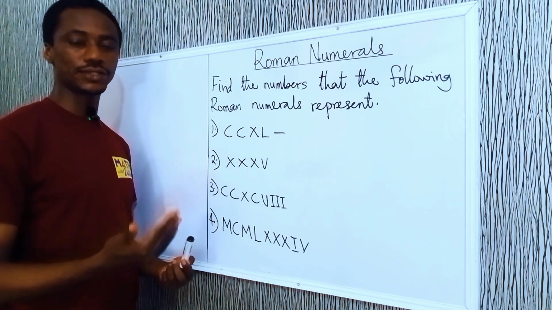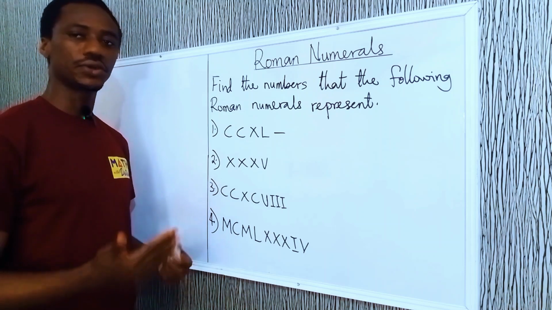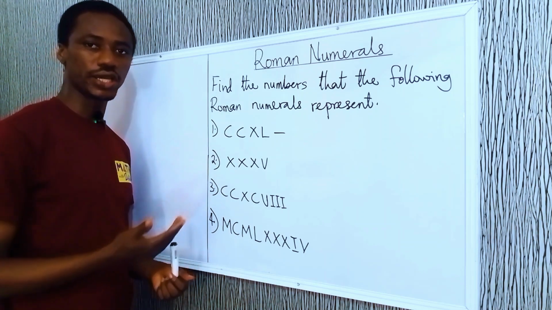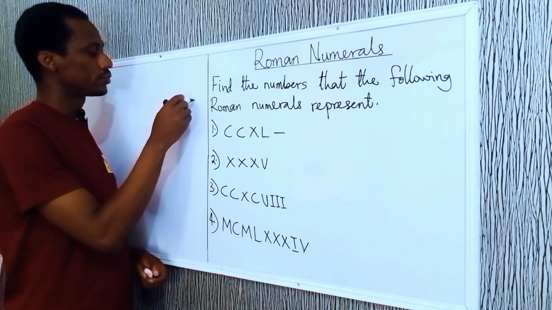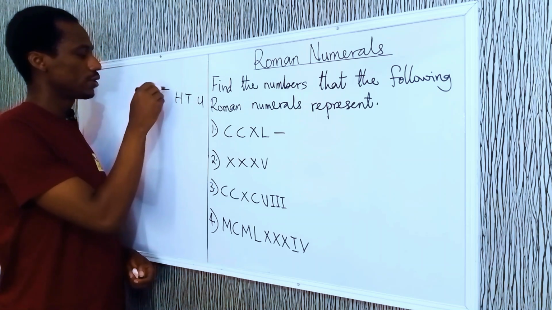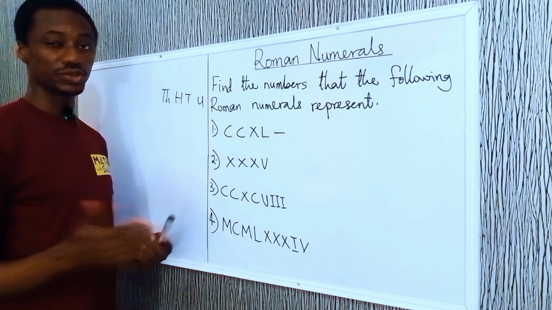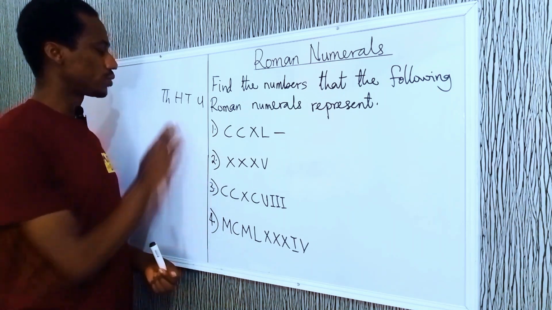So let's split this number into units, tens, 100s, 1000s. But since we are only dealing with thousands in these Roman numerals, we stop at 1000.